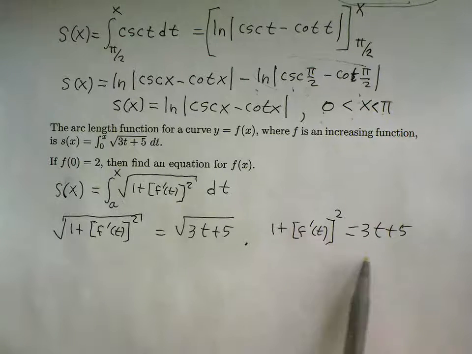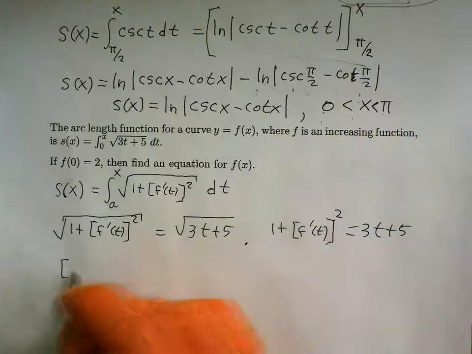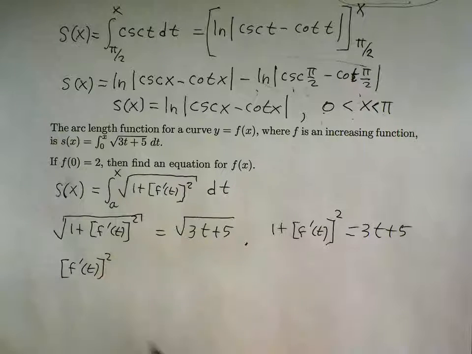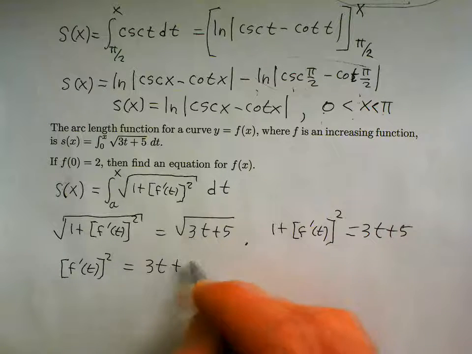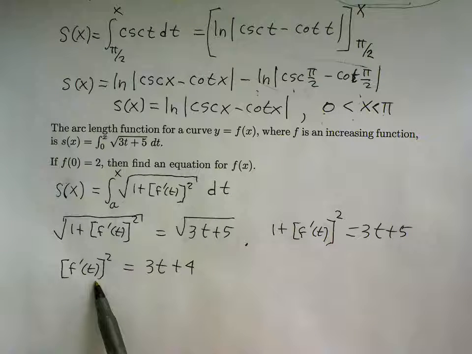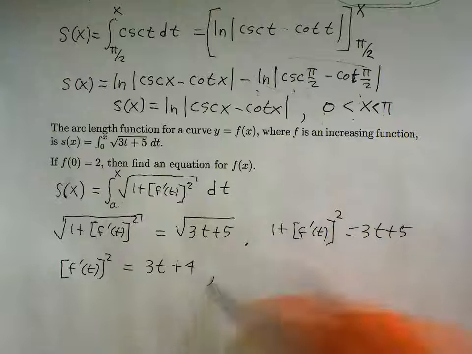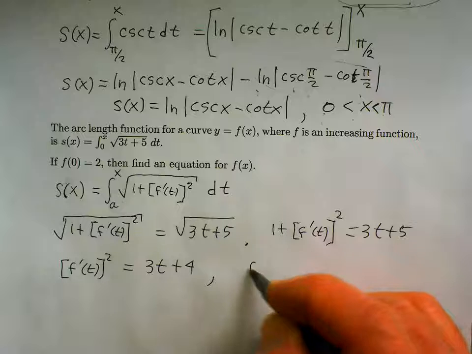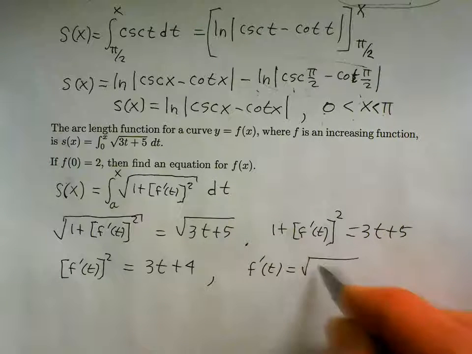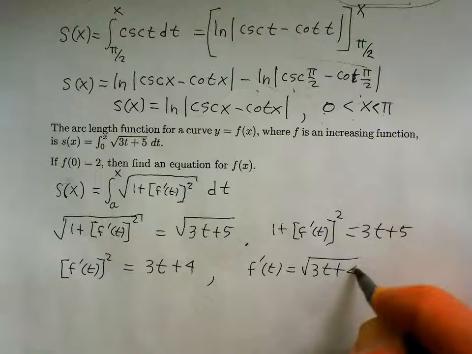Then subtract 1 from both sides. That leaves us with the square of f prime of t equal to 3t plus 4. And then we'll take the positive square root. So f prime of t is the square root of 3t plus 4.